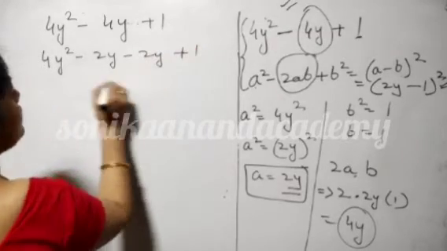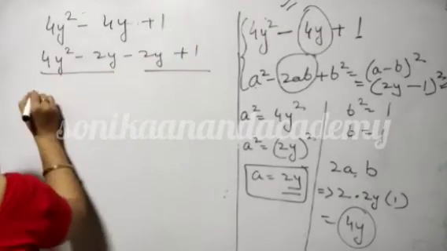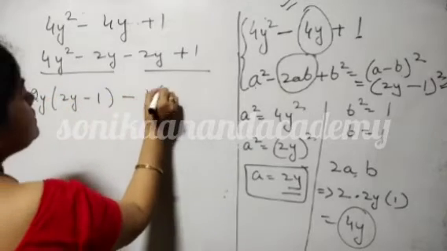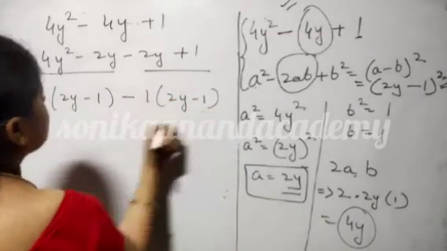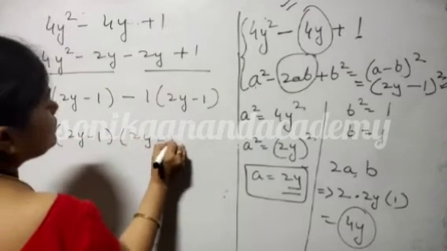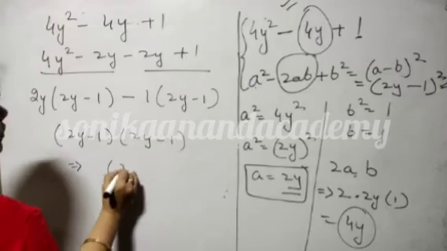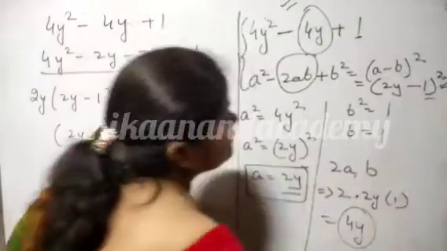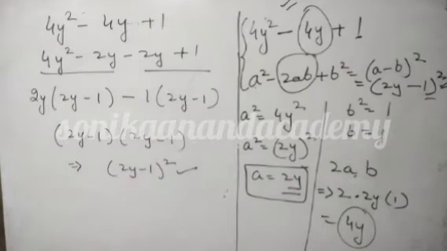Now take the common. It is 2y, 2y minus 1, and minus 1, 2y minus 1. So in the bracket, 2y minus 1 and 2y minus 1, which is equal to (2y minus 1) whole square. We got the same answer by either of the methods. You can learn any of the methods which you can understand easily.